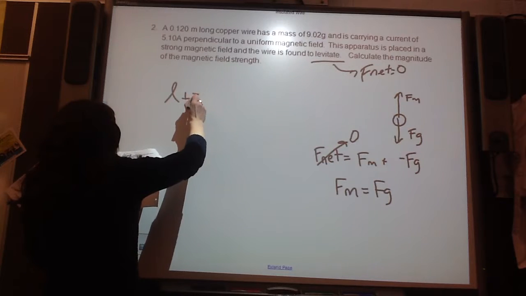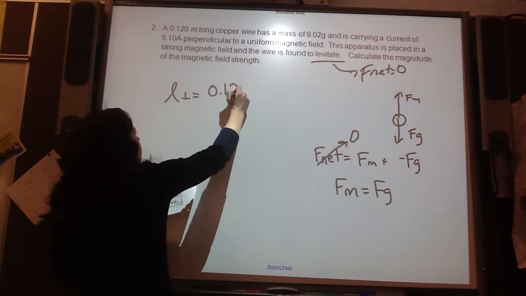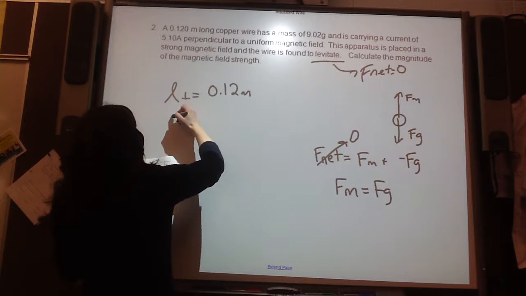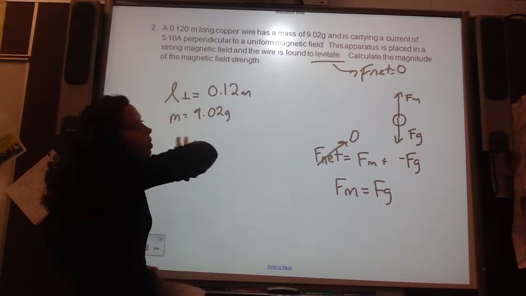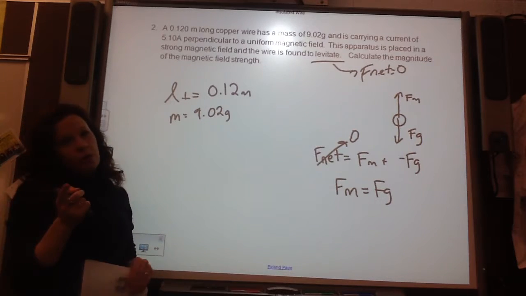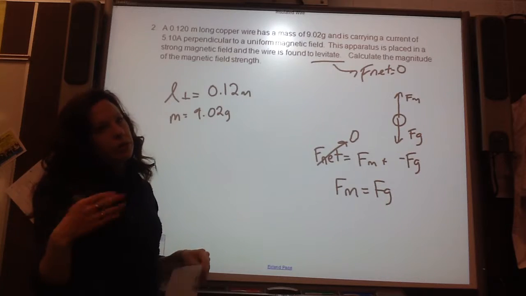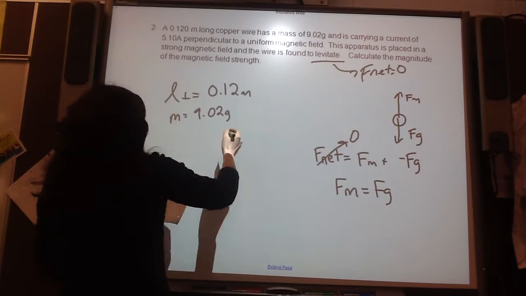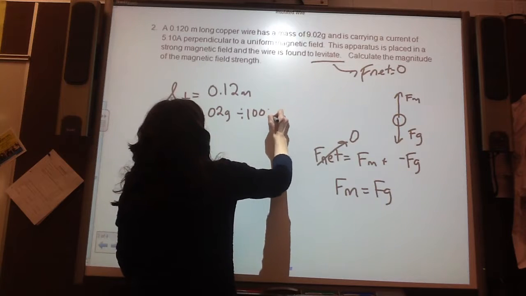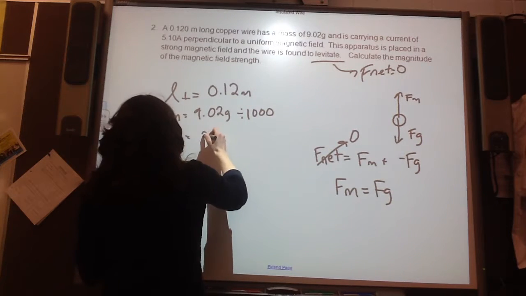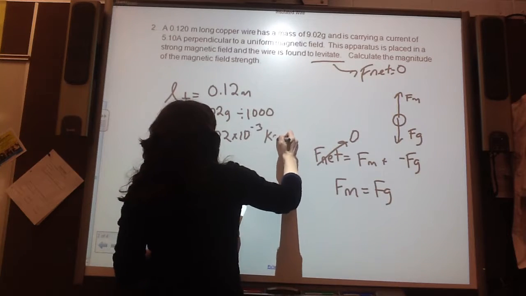Okay, so let's write out everything else we know. Our length that's perpendicular to the magnetic field is 0.12 meters. Our mass, we are given it in 9.02 grams. We need to put that into kilograms though, because we're going to deal with force of gravity, so we need our kilograms. So divide by 1,000. And we have 9.02 times 10 to the power of negative 3 kilograms.